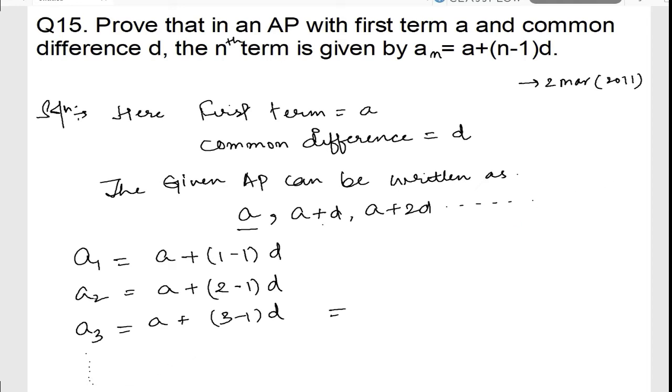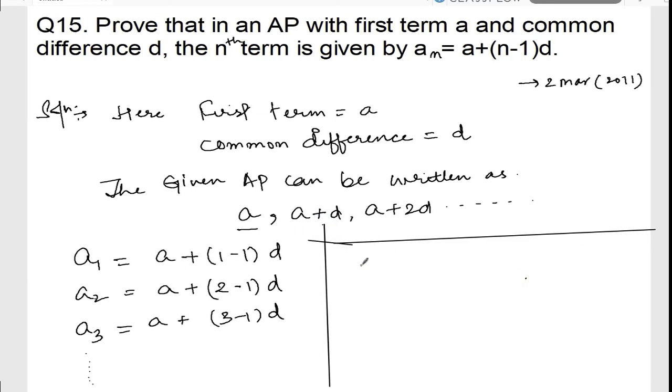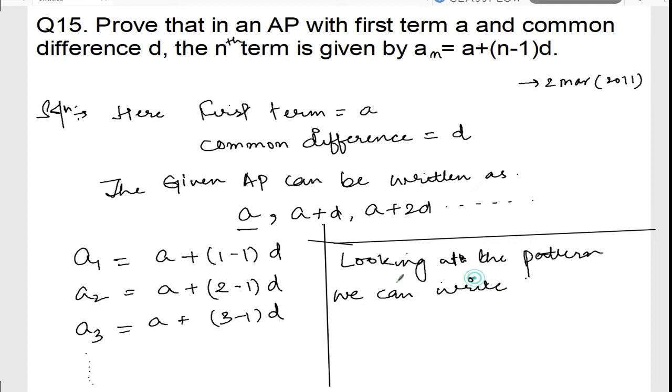So therefore, let me draw a line. If you look at the pattern, we can write a of n is equal to a plus, instead of a3, a plus 3 minus 1, a2, a plus 2 minus 1, so an will be a plus (n minus 1) d, right?